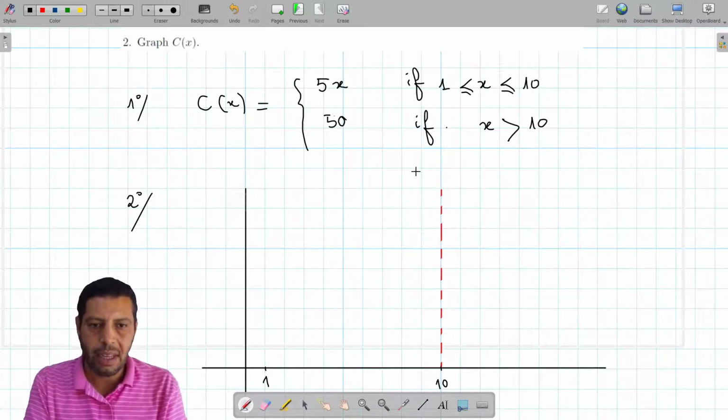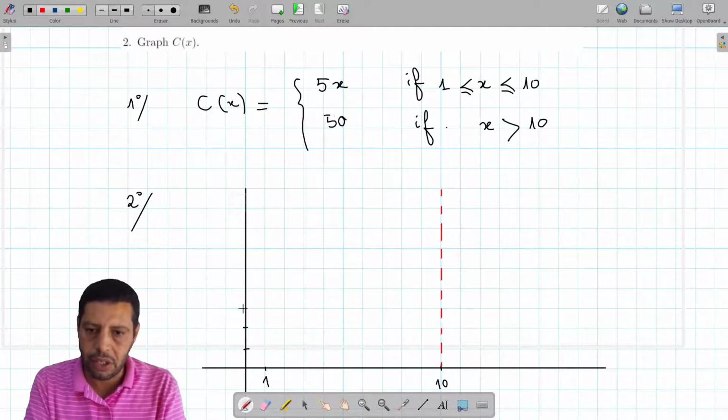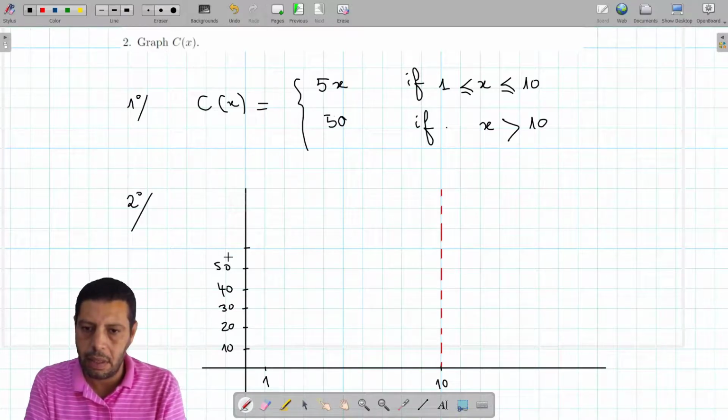From 1 to 10, you have c of x, which is 5x. So let's put here a scale which works fine with us. Let's take 10, 20, 30, 40, 50, and 60.